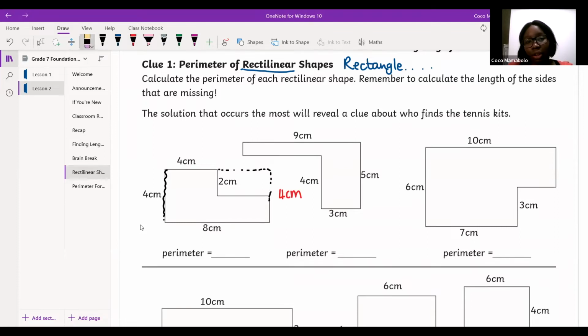But now, guys, have a look. My picture tells me that this part of my rectilinear shape is 2 centimeters. So what is this part here at the bottom? How long is this part of my shape going to be?